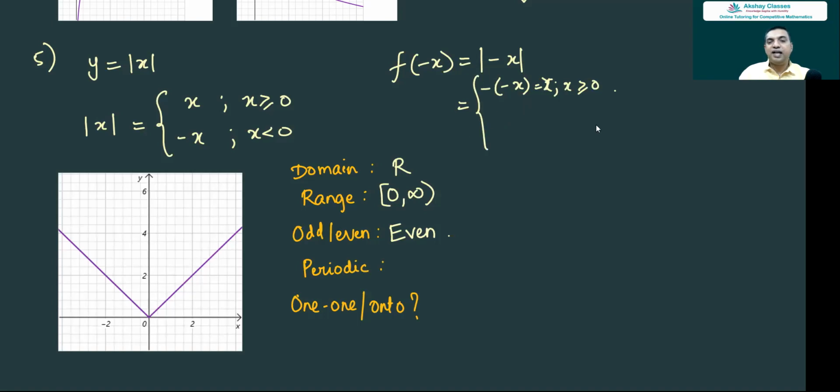And if x is negative, minus x will be a positive value, and it will be as it is. So you see, this function is x when x is greater than or equal to 0, minus x when x is less than 0. It is the same as the original function.